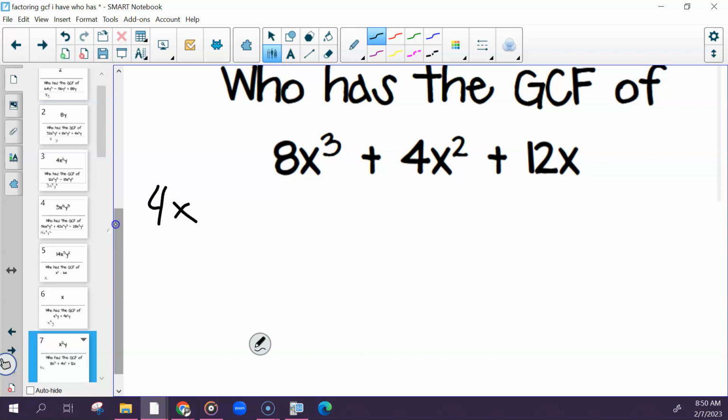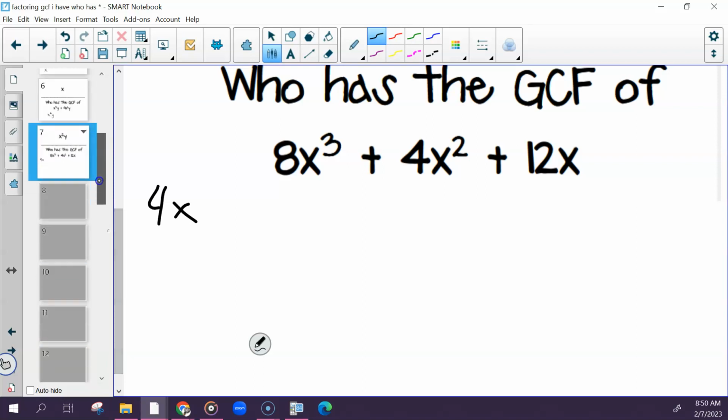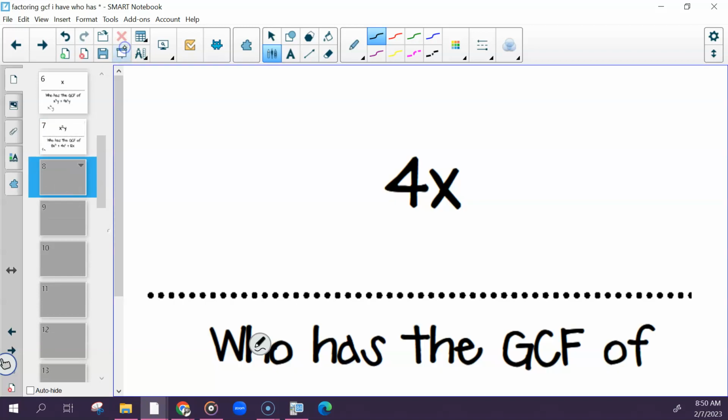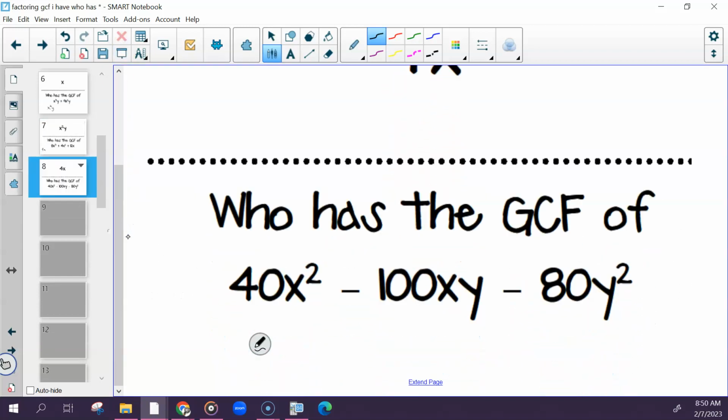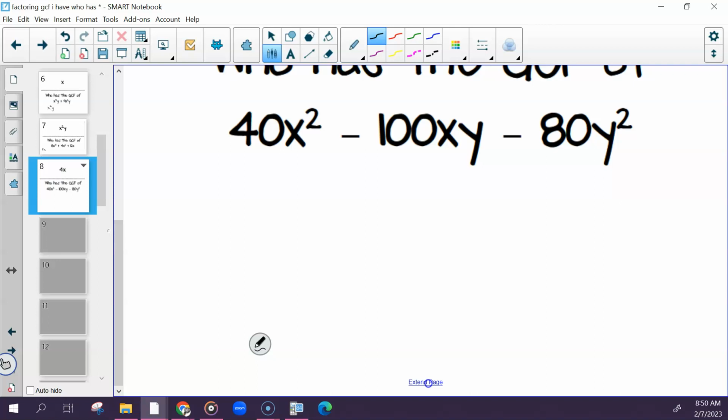So that is... read that off. We have the GCF of 40x squared minus 100xy minus 80y squared. Okay, it's 20.